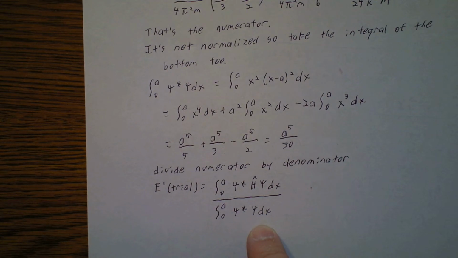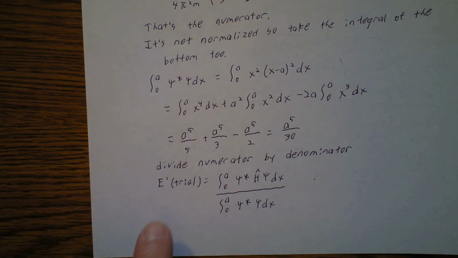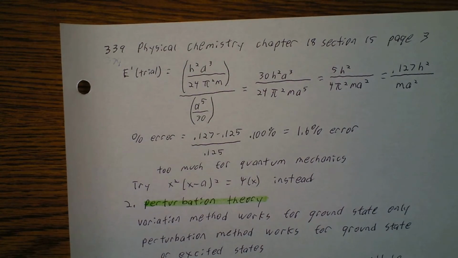Now we can divide the numerator by the denominator. So our trial energy, E trial, we get the integral from 0 to a of psi star Hamiltonian psi dx divided by the integral from 0 to a of psi star psi dx. So E trial is going to be equal to h squared a cubed divided by 24 pi squared m, all that divided by a to the 5th over 30.